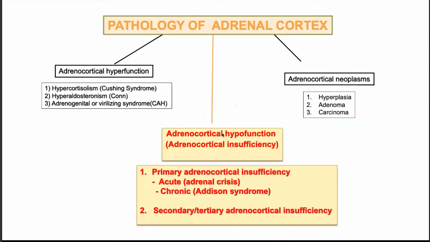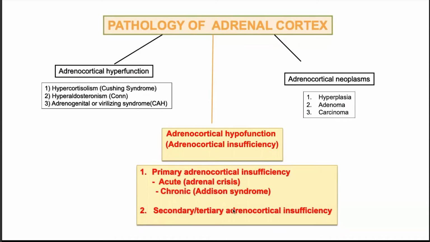And then we go to the adrenocortical hypofunction. When we talk about hypofunction, it means there is a deficiency or insufficiency of the adrenocortical hormones. So it is whether primary or secondary. In primary but acute, we call it adrenal crisis. But in primary but chronic, we call it Addison syndrome.